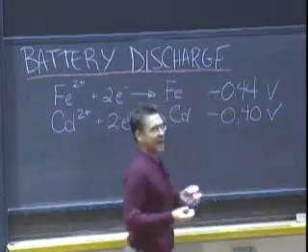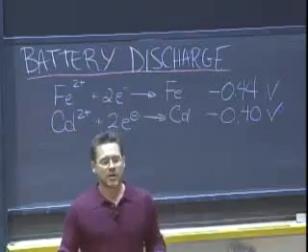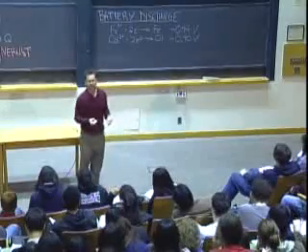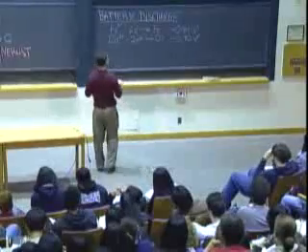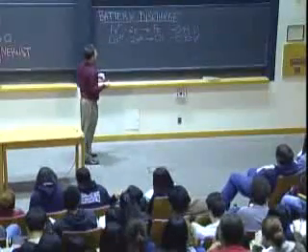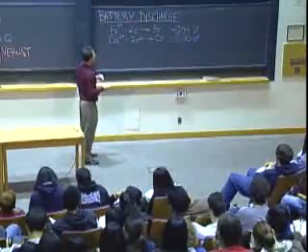Okay, so both cadmium metal and iron metal are negative of the standard hydrogen electrode. So they're both reducing systems, as it were. However, we see that iron is more negative.